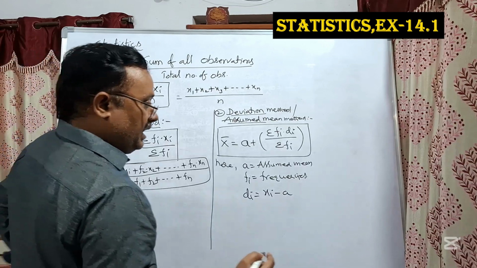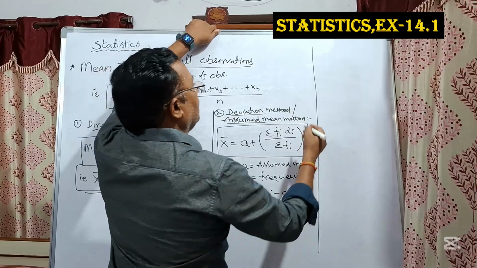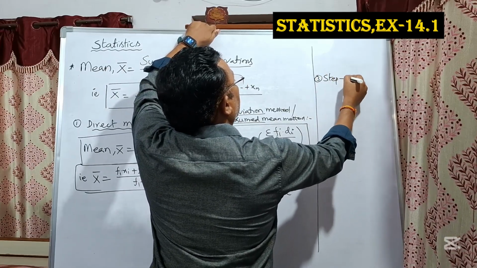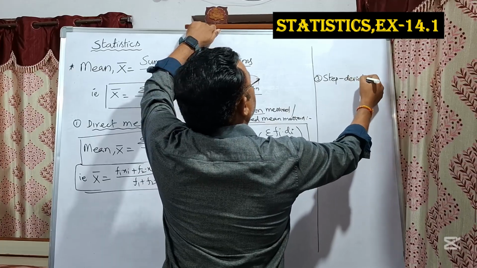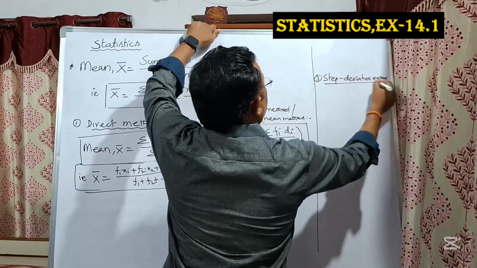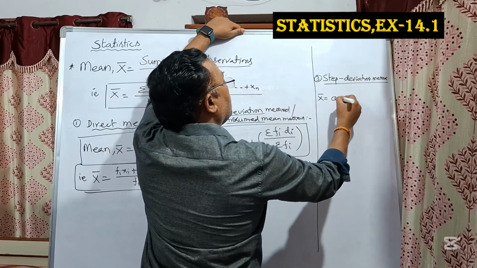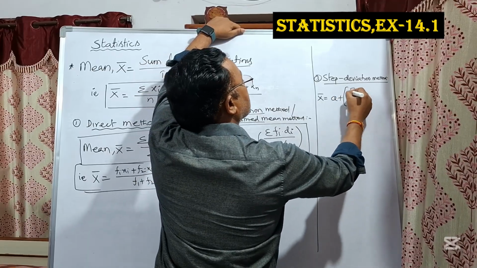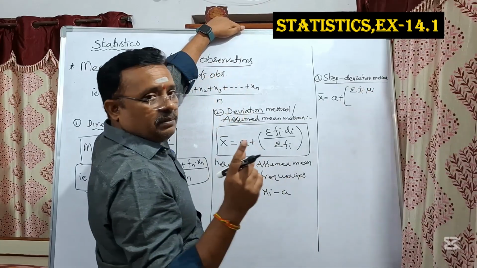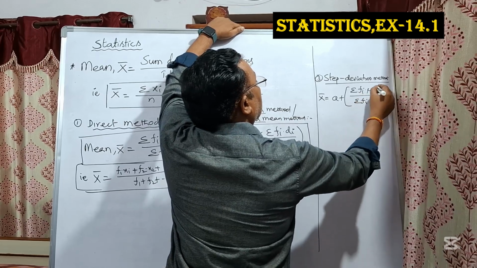The third process is very important and advanced. That one is called the step deviation method. In this method, mean x bar is equal to a plus, in brackets, sigma fi ui by sigma fi, into h.